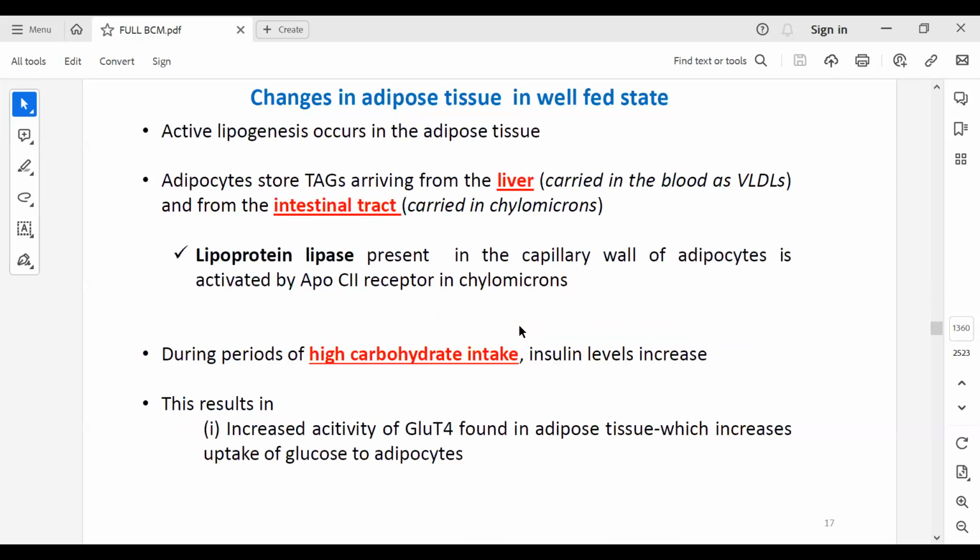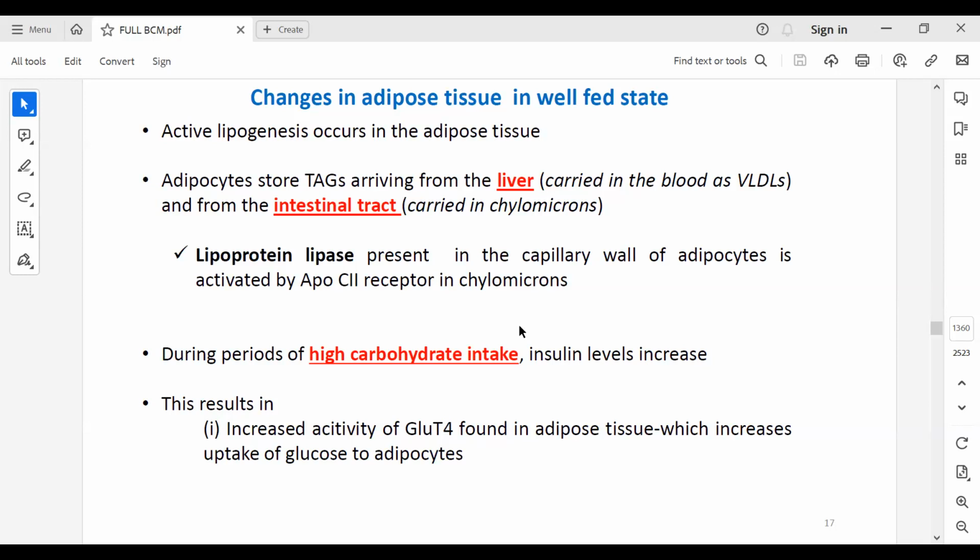Again, this is the same thing we've been talking over and over about: what will happen in the well-fed state, what will happen in the fasting state. So of course, in the well-fed state, you'll carry out more lipogenesis, you'll store more fatty acids as triglycerides.